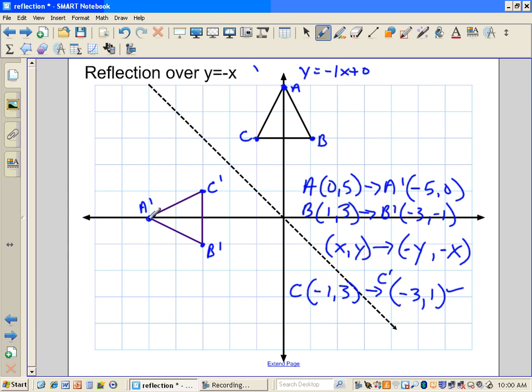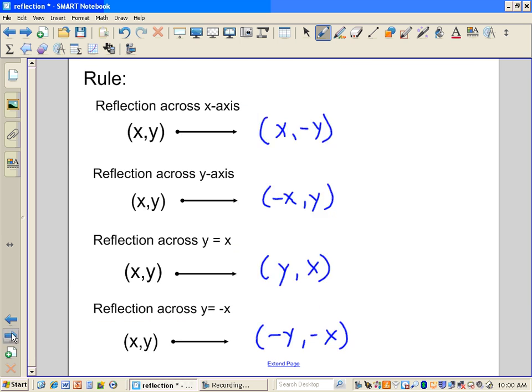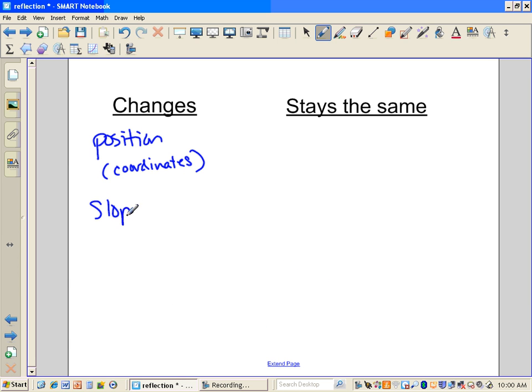Here, the slope is positive, but it's up 1 over 2. So the slopes change. What stays the same are the lengths and the angles. So essentially the shape stays the same, but the directions of the slopes change.